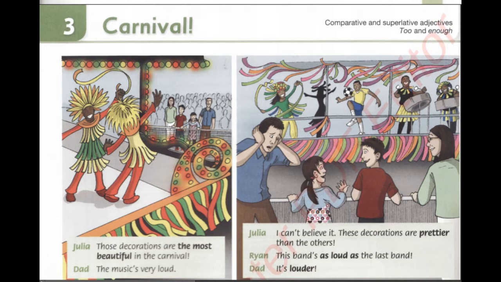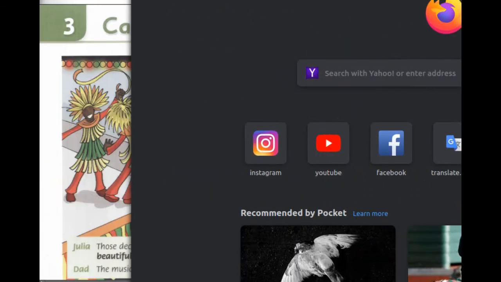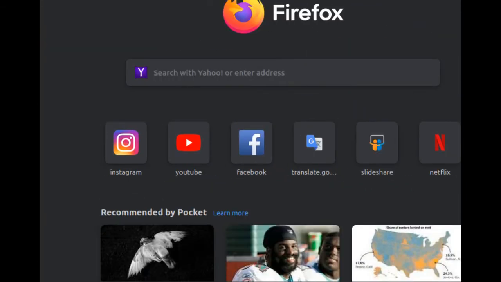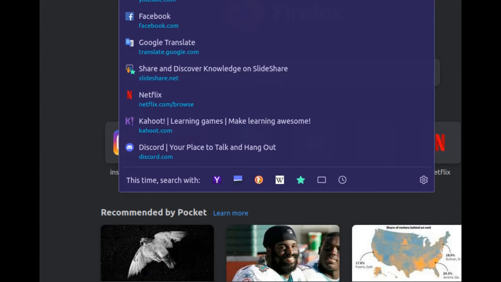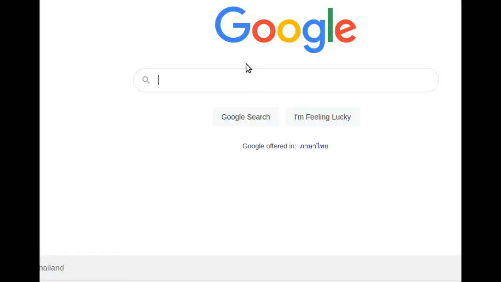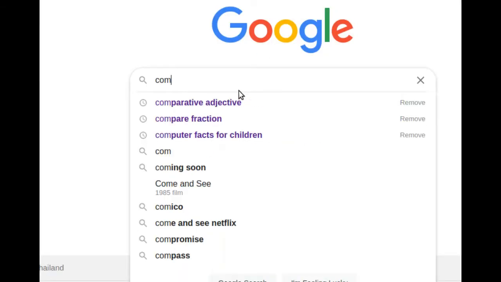So now, first, what is comparative? Comparative comes from the word compare. We compare two things with each other. As an example, we go here on Google. I open Google for you, and we go here, compare.